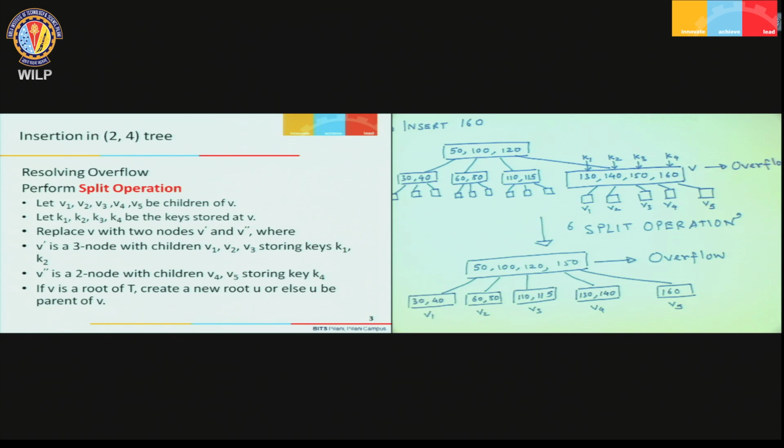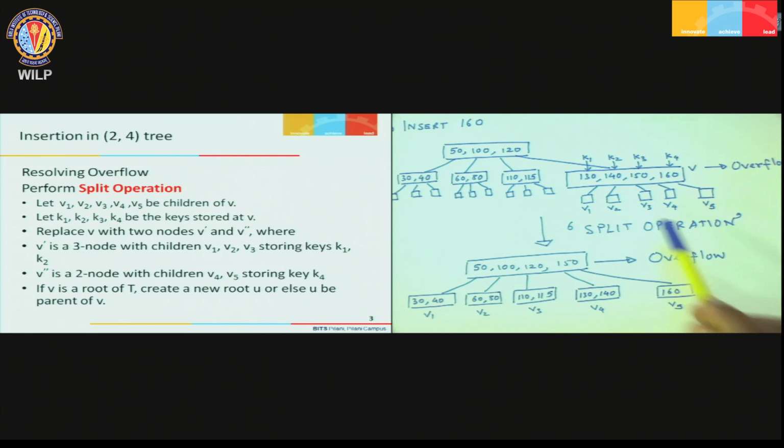So, in our example, this is going to be V prime and this is going to be V double prime. V prime is going to store K1, K2, and V double prime is going to store the key 160, that is K4.